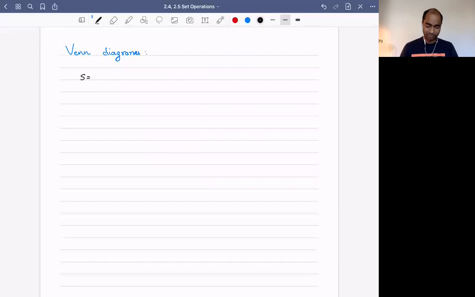So let me go back to our original example. So I have S is 1, 2, 3, and T is 2, 3, 4. I want to pictorially represent a set. The way I'll do this is I'll denote my elements as points. So I'll just put points like that, 1, 2, 3, and 4.